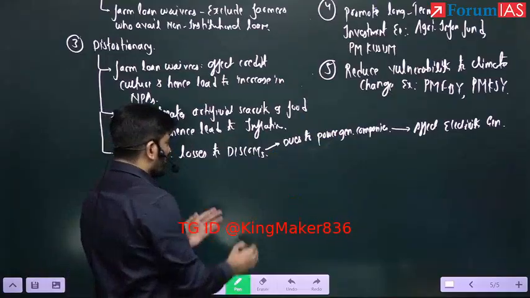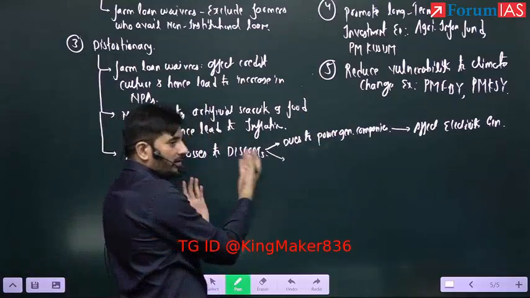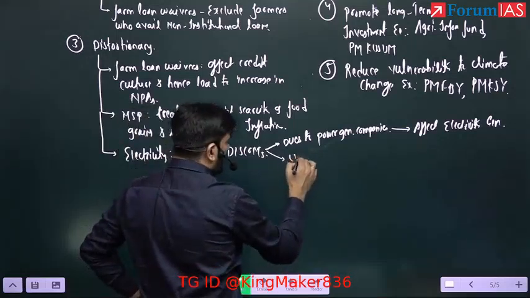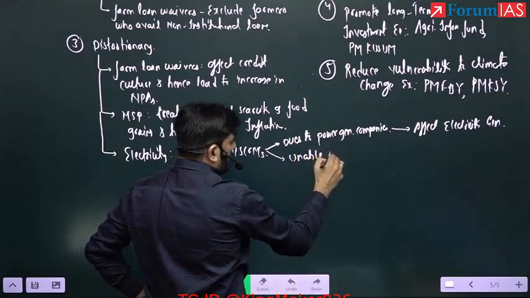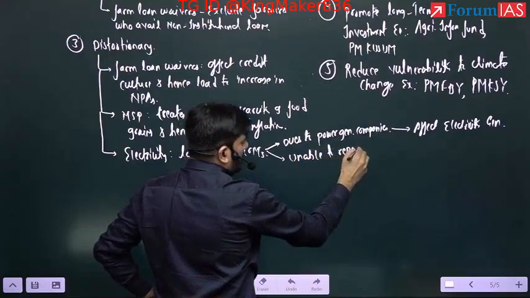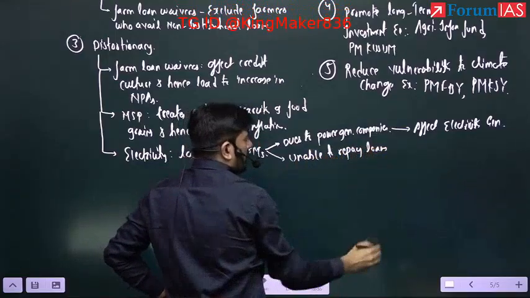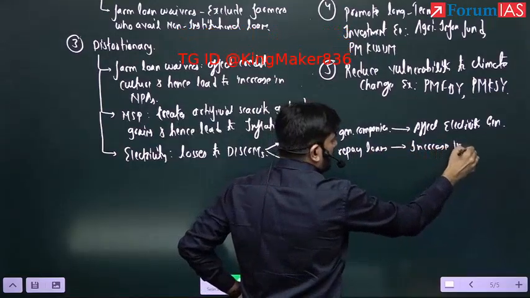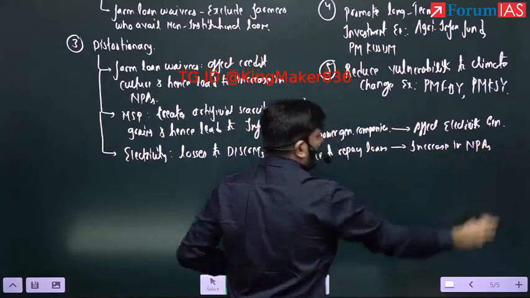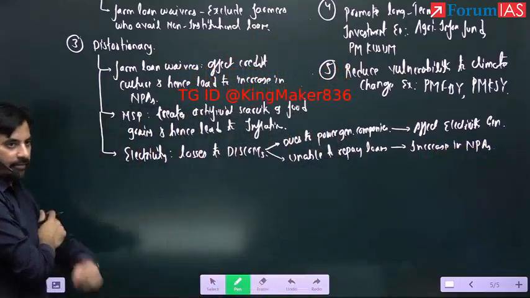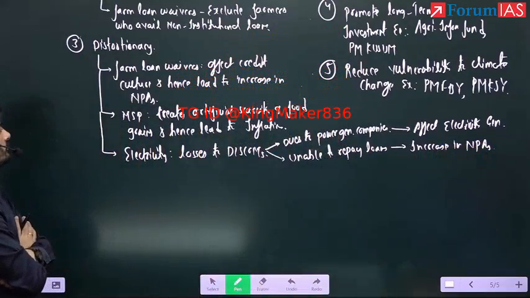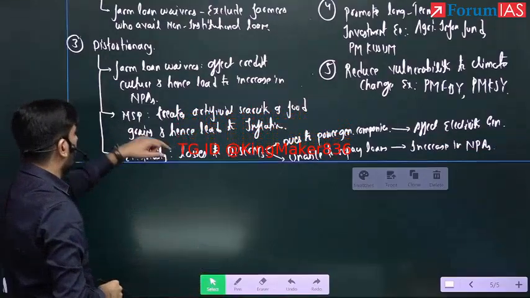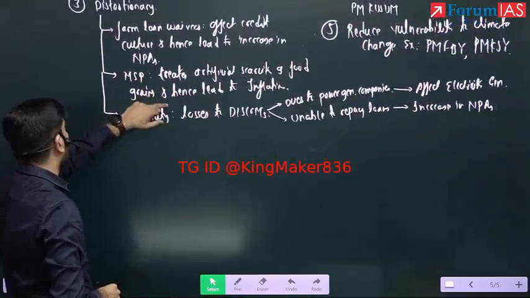Same logic, when Discoms have accumulated huge losses, they will be unable to repay loans, which will lead to increase in the NPAs. So these are some of the examples of distortionary.